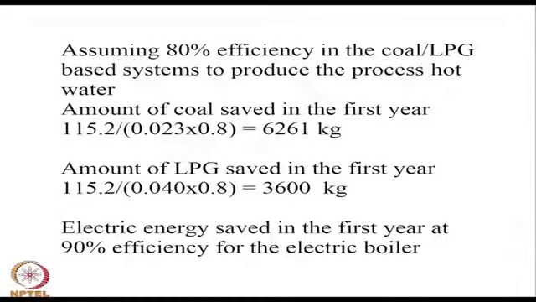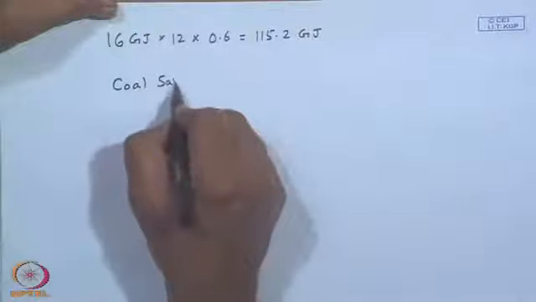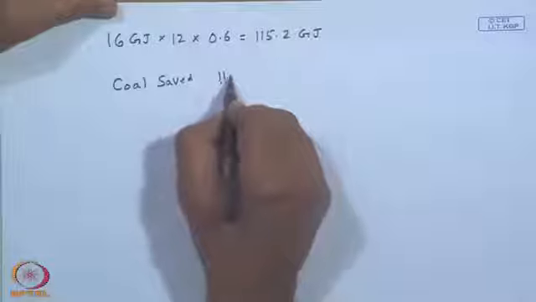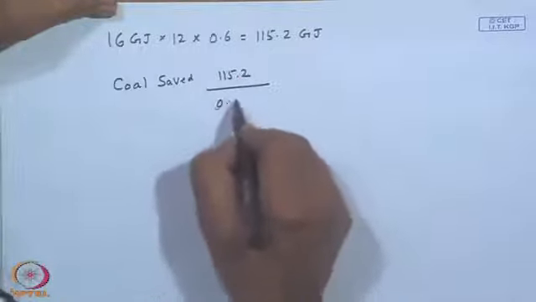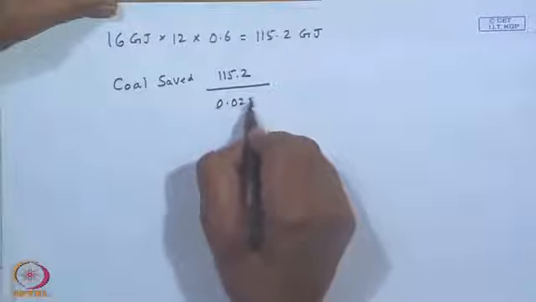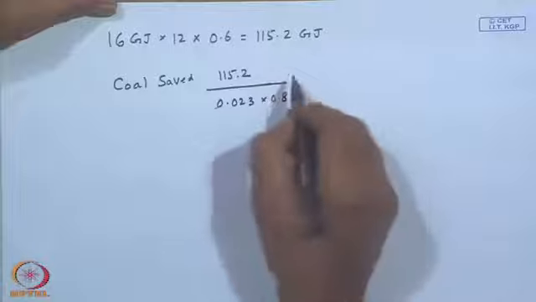And if you assume an 80% efficiency for both LPG and coal based systems, coal saved is 115.2 divided by the calorific value in gigajoules, 0.023, into the efficiency, which is 80%.